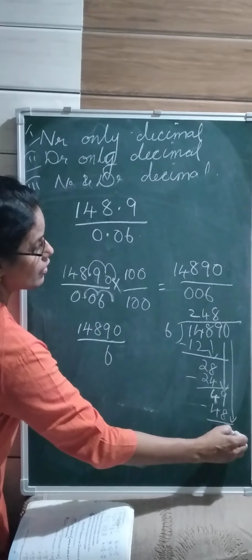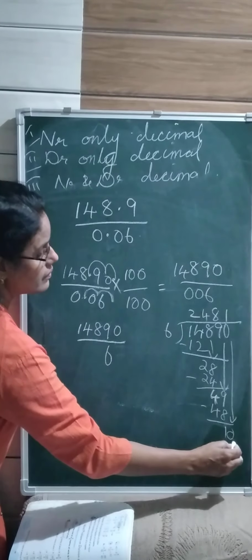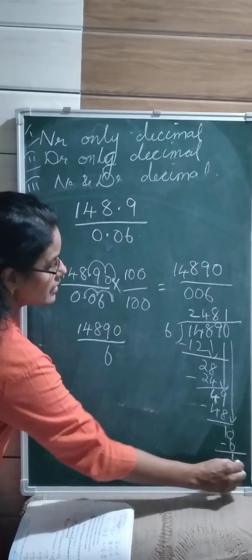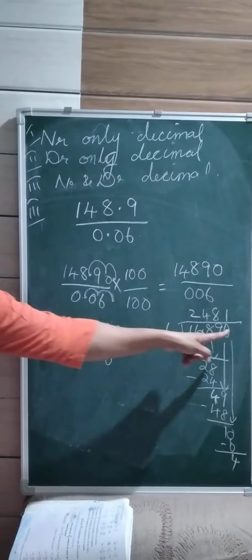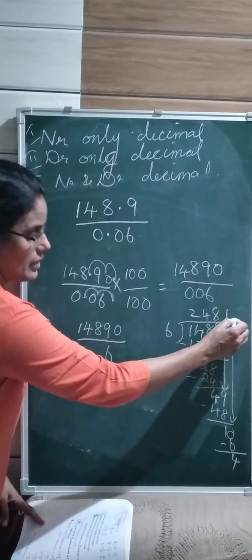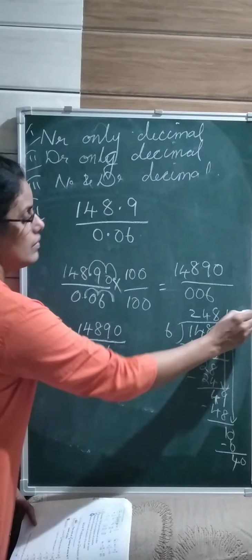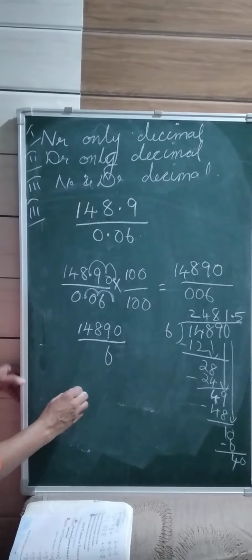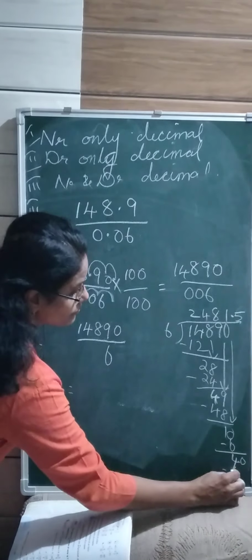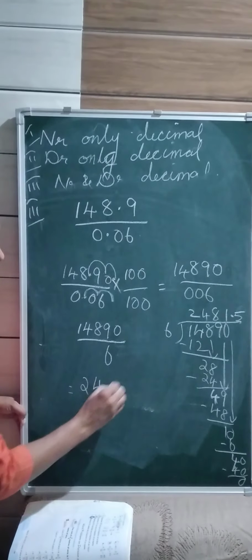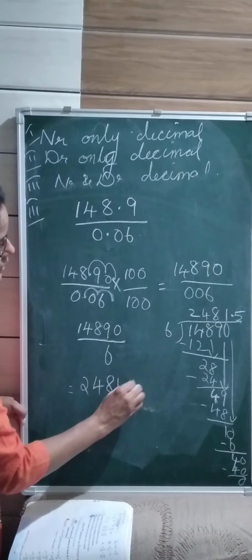Next number is 0, in 10 it is 1. Next number is 4. There is no number to put down, so you can put the decimal here. In 40 it is 5 times. 0 is the remainder. The answer is 2481.5.